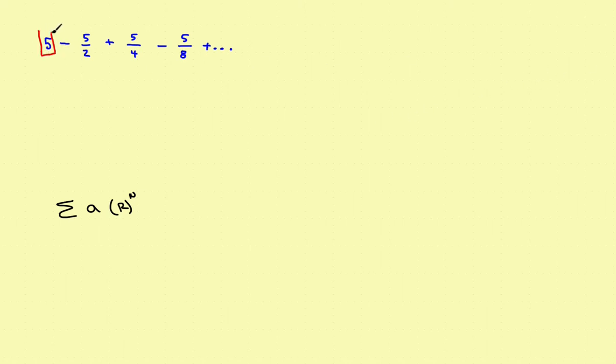You can just look at it and tell. That's going to be A sub 0, or the first term of the sequence. So you can make this be the summation of, the first term is 5, and now the only question is, what is the common ratio raised to the n term? So we'll let this go from n equals 0 off to infinity.